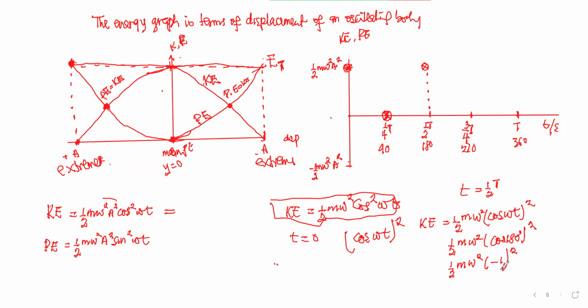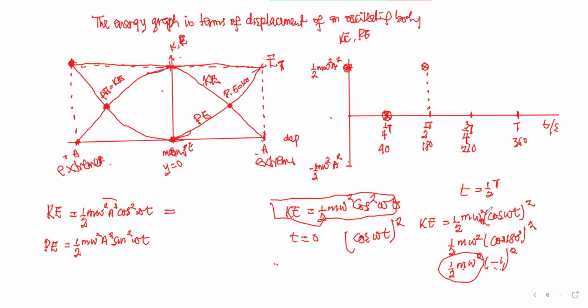When you square -1, it is the same as 1. So 1 times the maximum value is equal to this. So that is why at this angle 180, the kinetic energy is equal to the maximum value, half m omega squared, the amplitude squared.